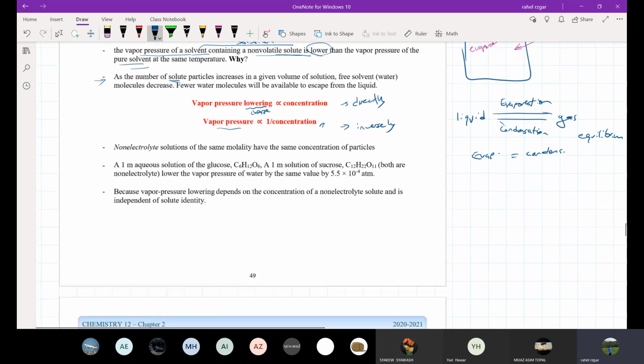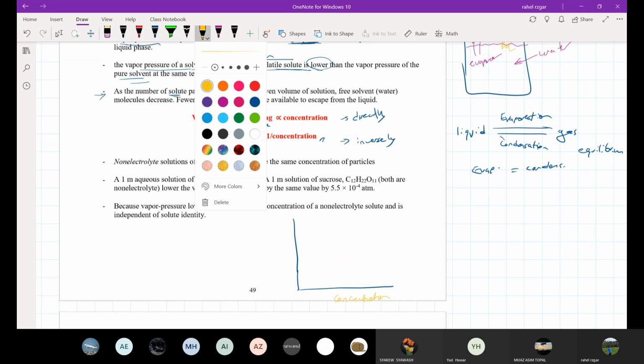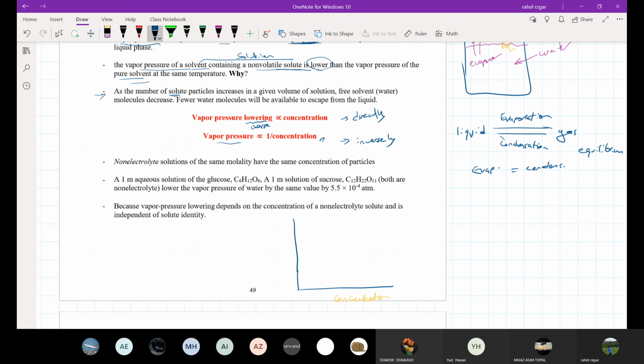Let me show you. How is this possible? Like this. Let's say this side is concentration. This side is vapor pressure.